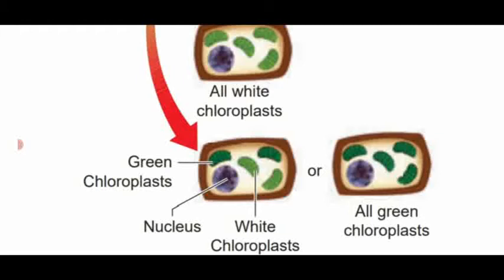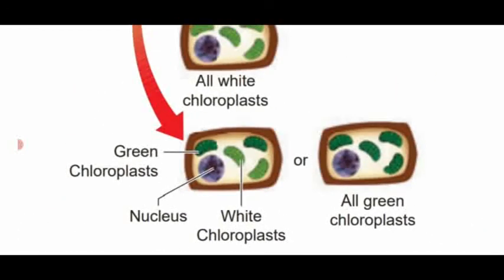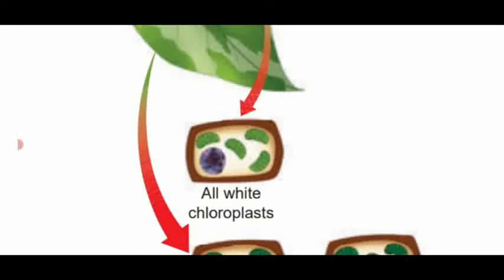There are two types of chloroplast, green colored and white chloroplast. Or all are green chloroplast. So this is the variable type of leaves present in Mirabilis jalapa, showing the variability of the leaves present in the plant Mirabilis jalapa.